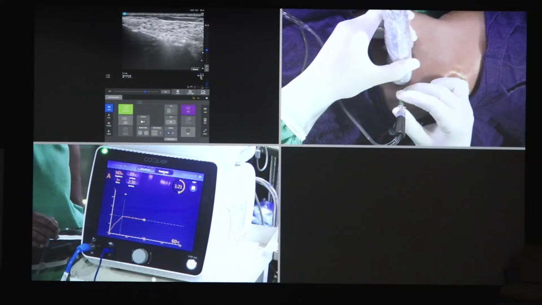So you can see the entire length of the needle, and the lesioning, probably you see some irregularities over there.